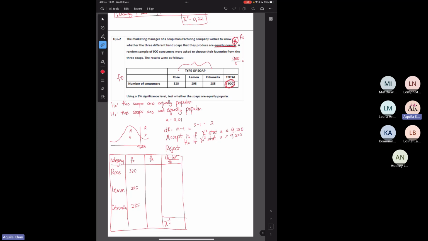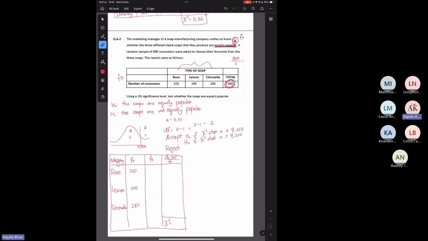So if there were 4 options, it would be 900 divided by 4. If there were 7 options, it would be 900 divided by 7. However many options they had available to choose from that people could purchase, that would be your 900 split over that number. So this was split between 3 different types of soap. So it was equally popular amongst all 3 of them.